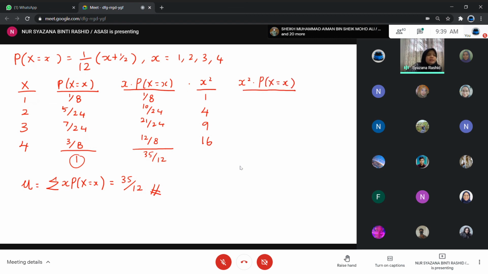Okay, darabkan fourth with second column. So 1 times 1 over 8. 1 over 8. And then 20 over 24. 63 over 24. 48 over 8. Okay, sum up this.